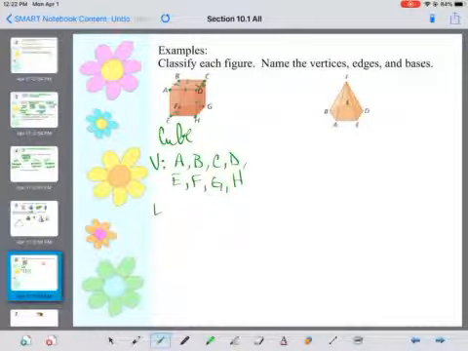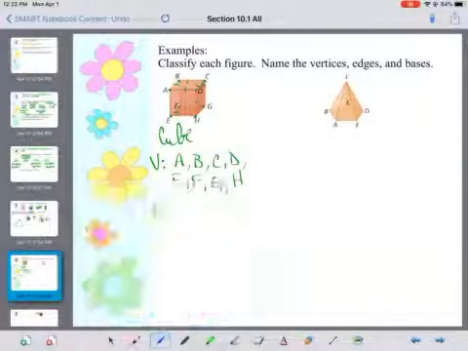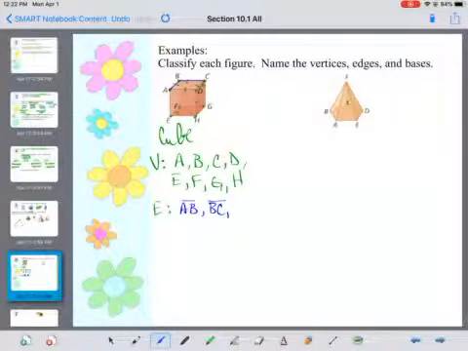Okay, edges. The edges are each one of the segments. So I've got segment AB, segment BC. Now you'll notice I draw on my picture as I do it so that I, one, don't repeat any, and two, don't miss any. So CD and DA.